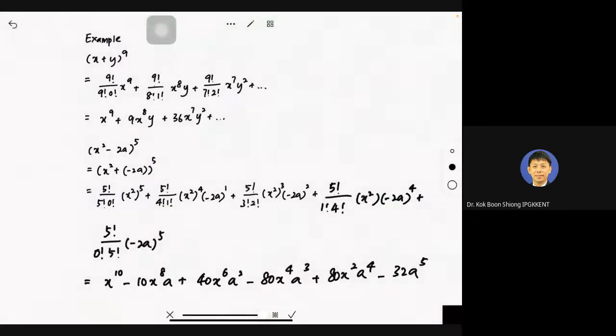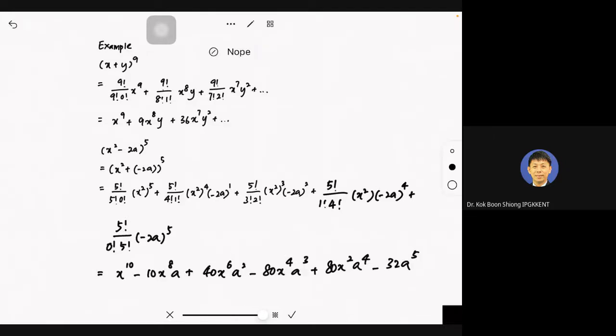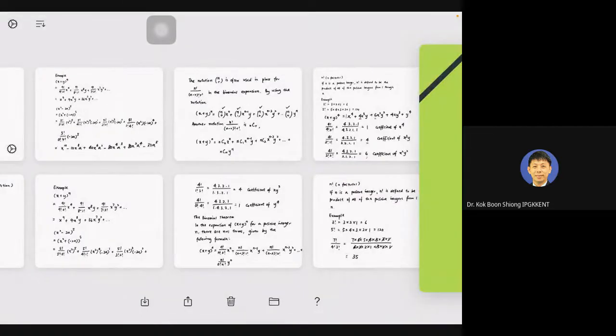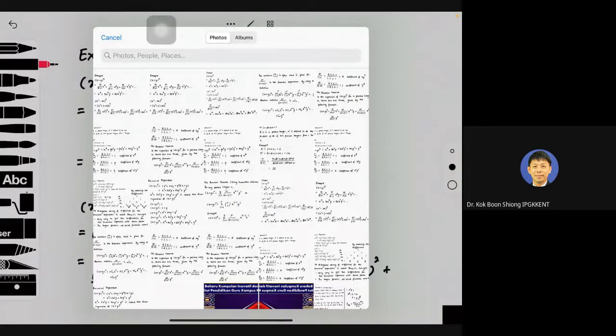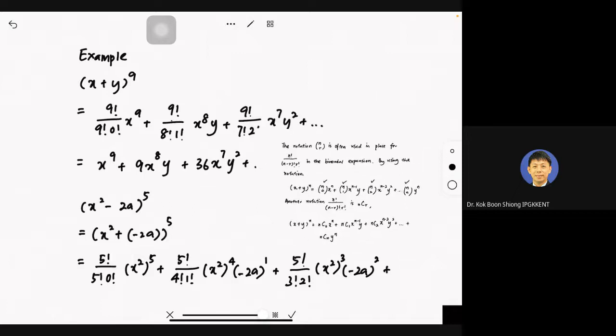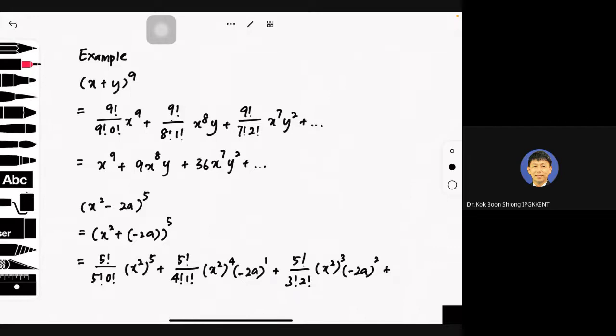Okay, let's check what formula we should use. Okay, never mind.